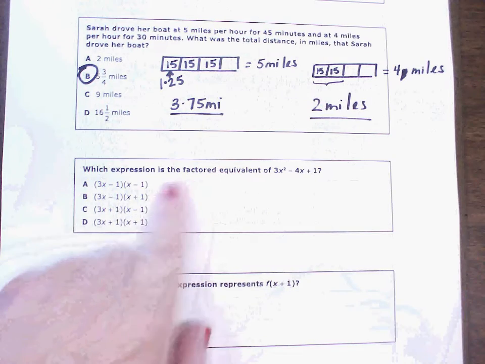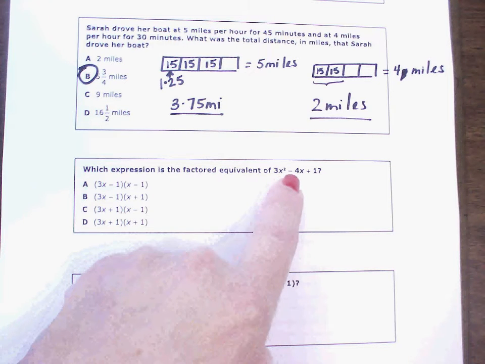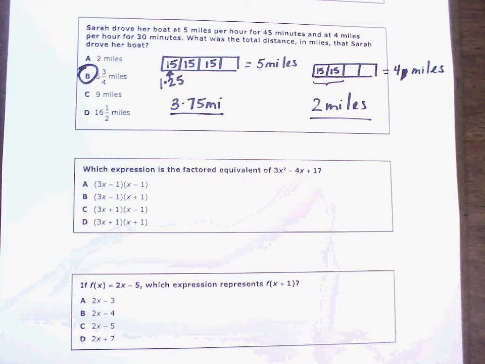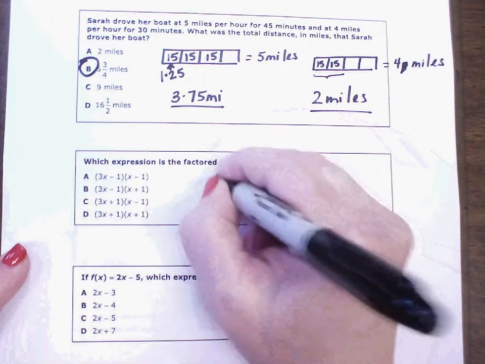All right, which expression is the factored equivalent of 3x squared minus 4x plus 1? If you know that a minus plus is a minus minus, you can eliminate all of them except for one. And because I care, I'm going to go ahead and check.